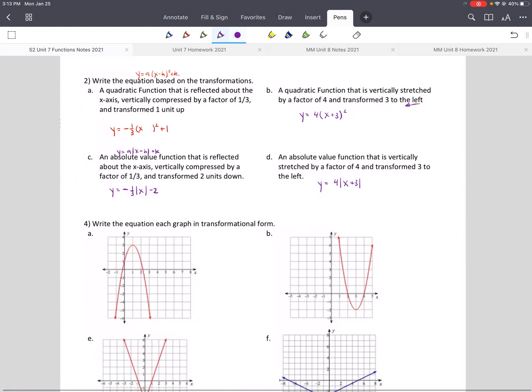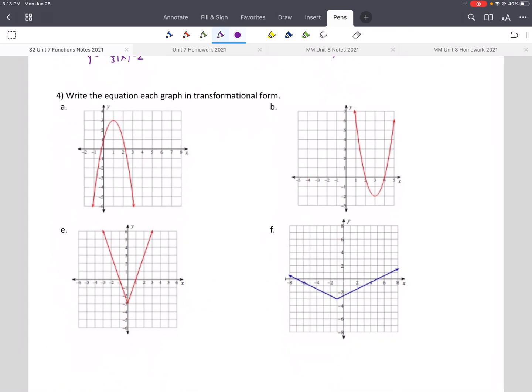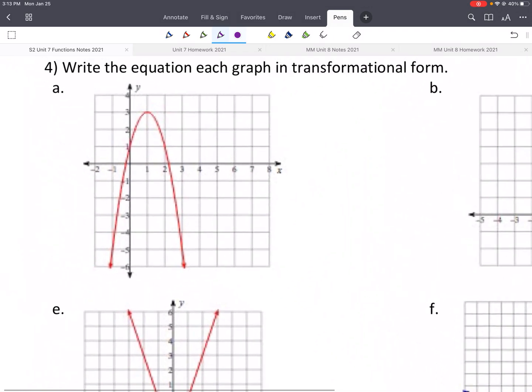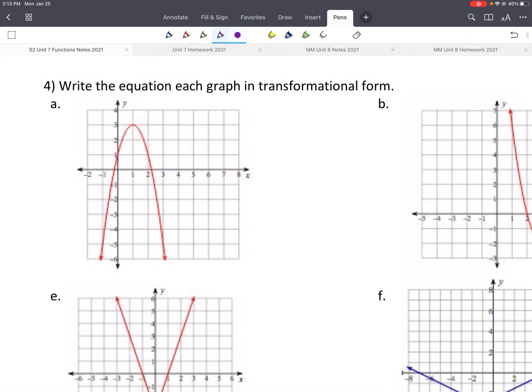All right. Okay. Last thing is being able to write an equation from a graph. So again, for all these you're just going to want to find the vertex and find the a value and then graph it. So this one, it's a quadratic. We have a vertex of 1, 3. And the a value, again, you go over 1 down until it hits, that's a -2.